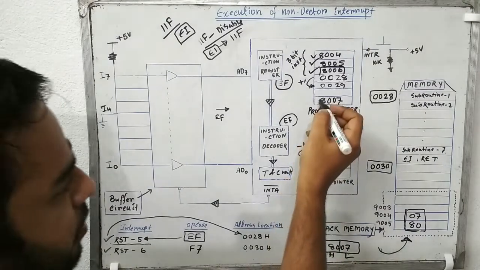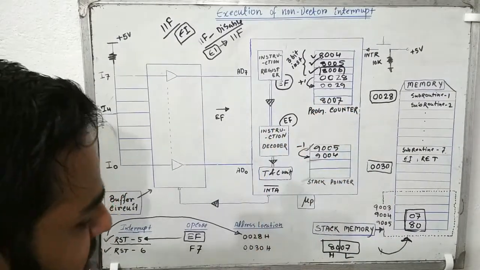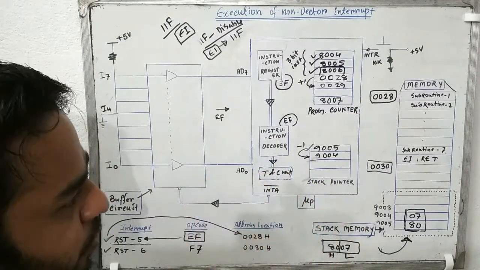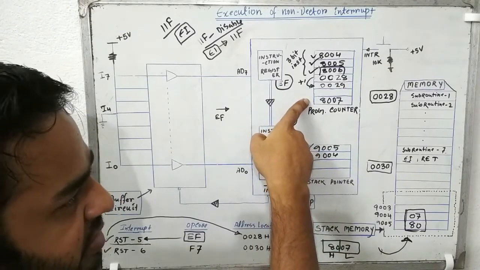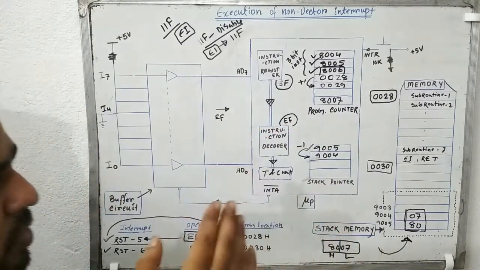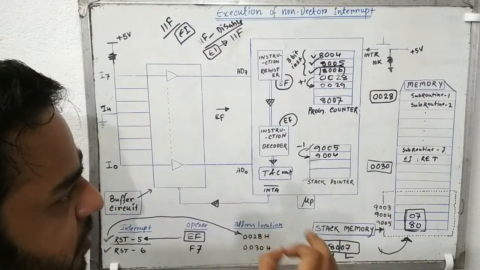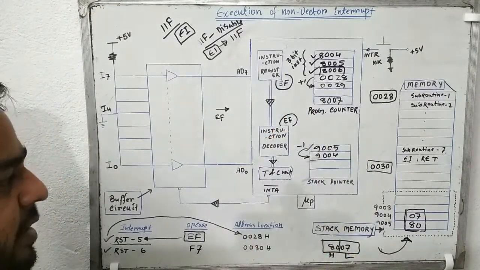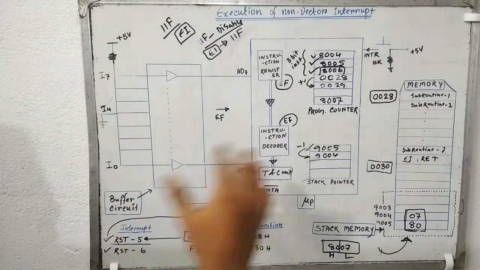Then the program counter will start to execute the program which remained to be executed. That means the program was interrupted at this part, so the program counter will start executing the rest of the program. So that is the process of execution of non-vector interrupt.